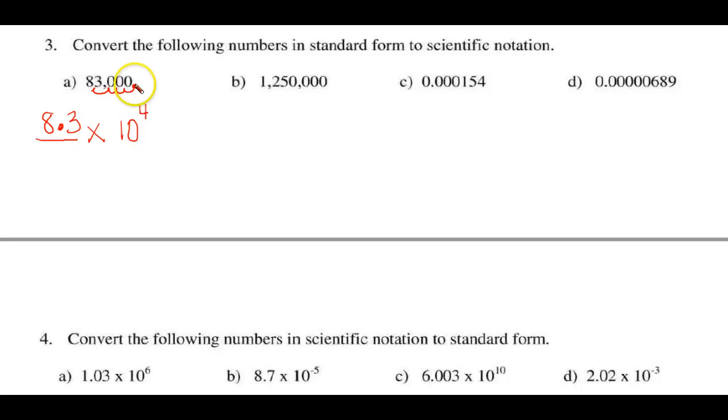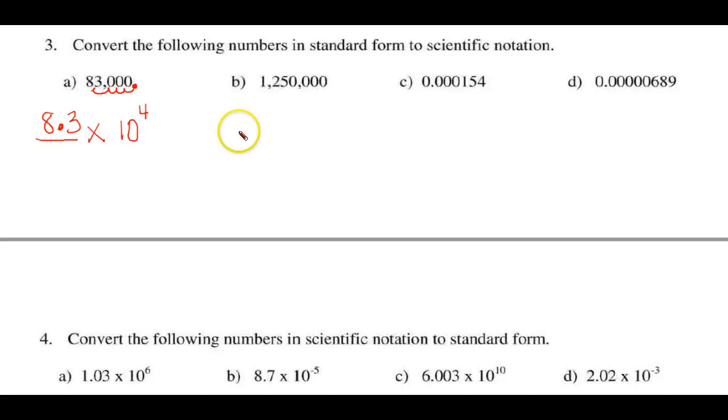So take the decimal, move the decimal so it's a number between 1 and 10, and keep in mind how many decimal places you moved it. And if it's big numbers, that's the positive number you raise your 10 to.